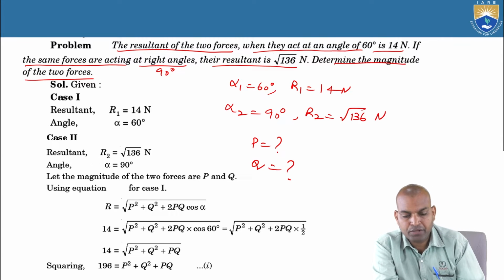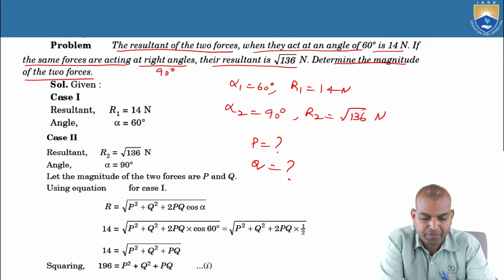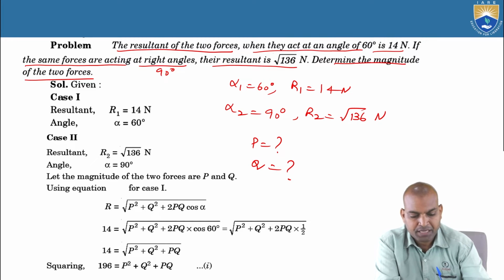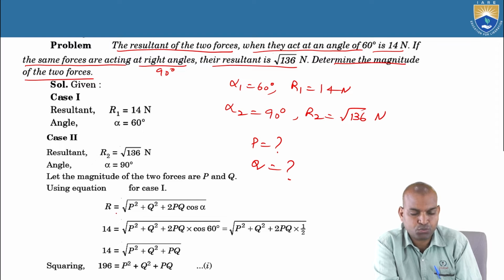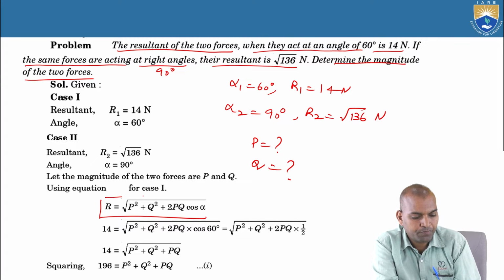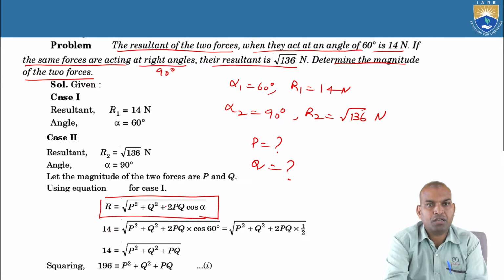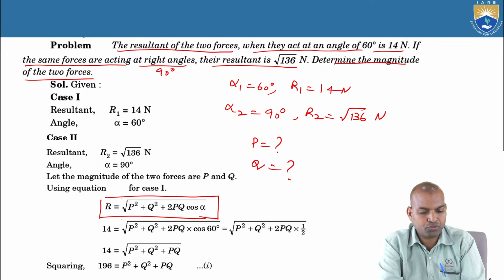Now we know the derived expressions for different angles, such as 90 degrees. What is the expression for case 1? R equal to the square root of P square plus Q square plus 2PQ cos alpha.